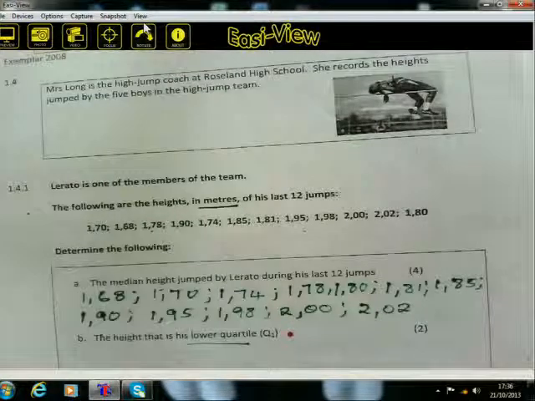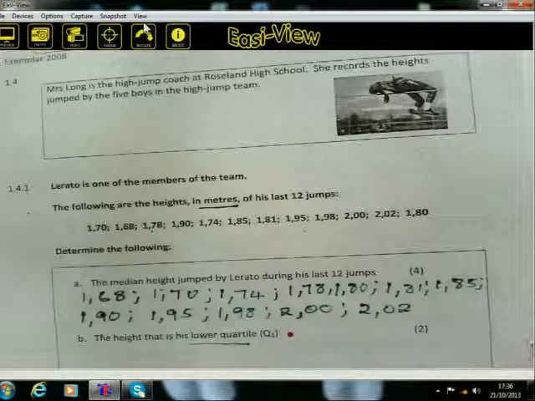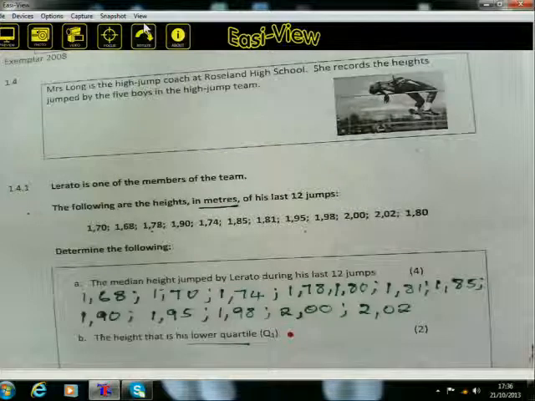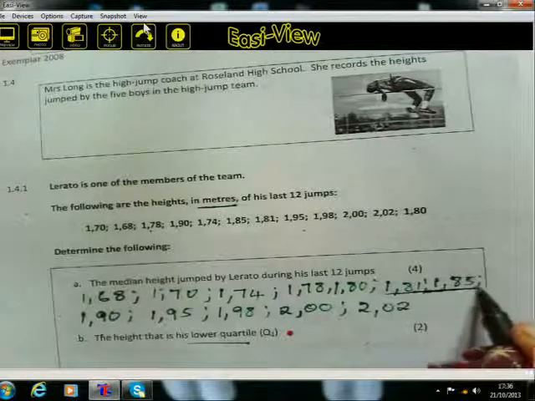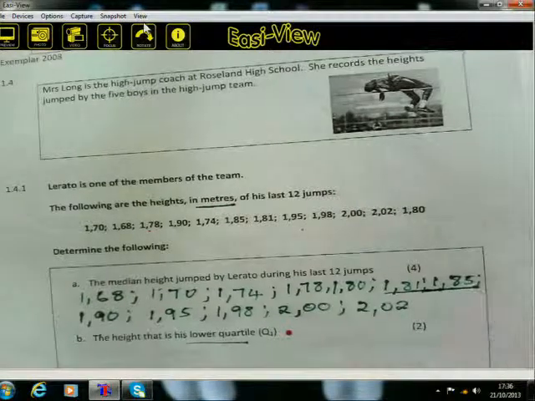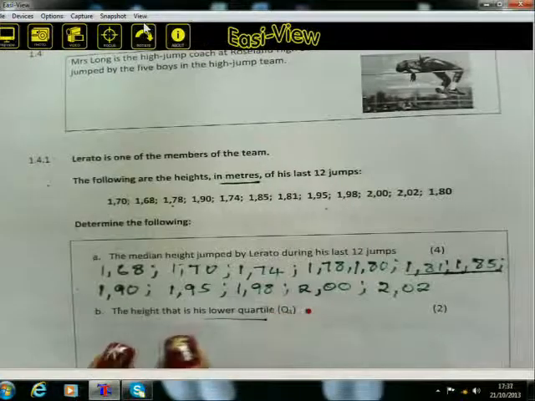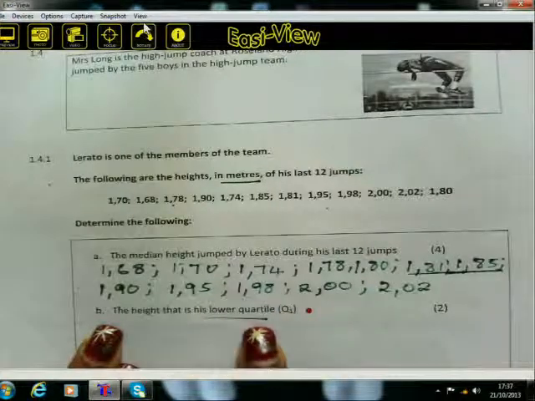You are going to have 2 middle numbers. So your 2 middle numbers will be 1.81 and 1.85.